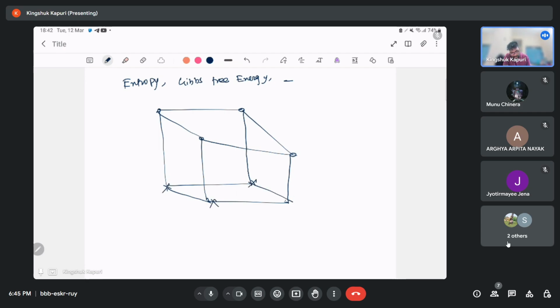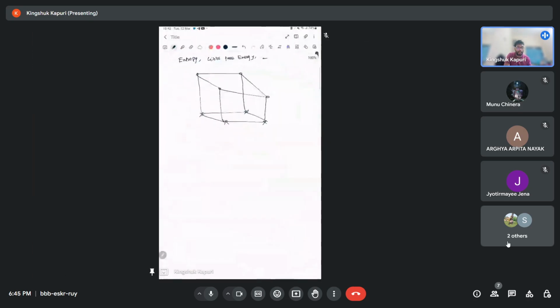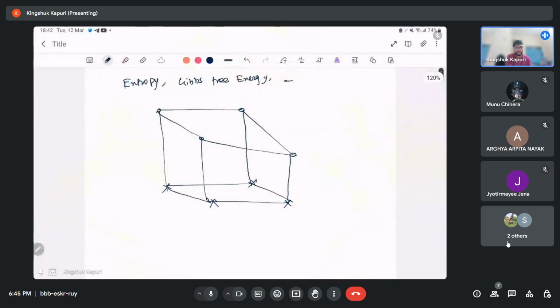In that crystal lattice we can see that there are 8 points or 8 corners. In these 8 corners, some I have marked with an open circle and some with a cross. We all know what a crystal lattice is. A crystal lattice is basically the building block of your minerals, just like a brick in a house. There are two types of atoms which I have marked: one with an open circle and one with a cross.